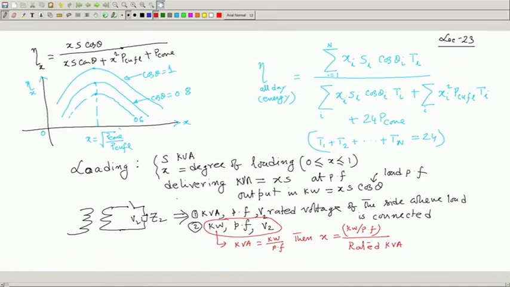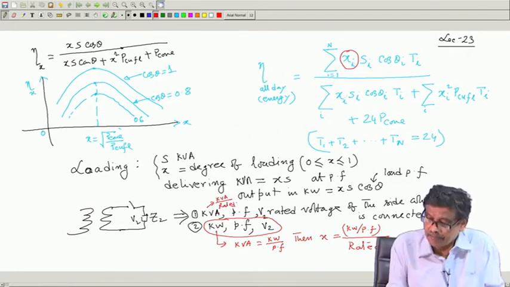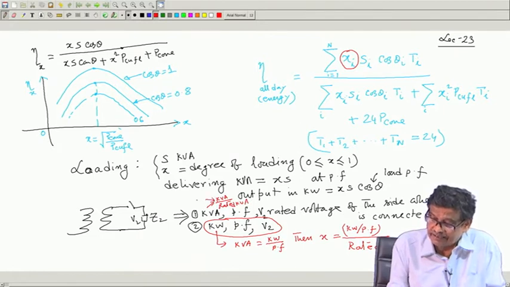In terms of kVA, power factor and degree of loading, this x is to be known. If the load is specified in kVA, it will be simply that kVA divided by rated kVA. That will be your x here.